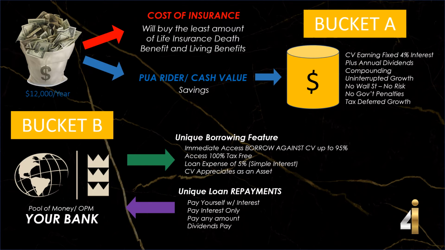But if you want to operate like a bank, you would want to pay the principal plus interest on top of it. Because when you pay interest on top of the principal of what you owed, that net interest will be added into your bucket A. The goal here is to grow your bucket A so you can borrow more and pay back more. In that sense, there's cash flow going on in your whole life policy, and now you're operating like a banking system.